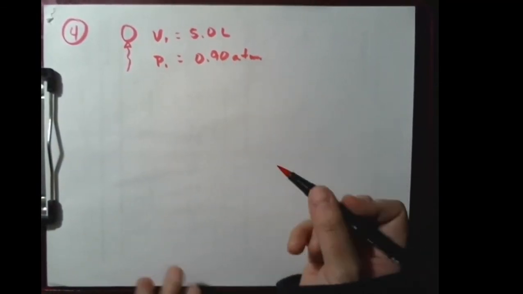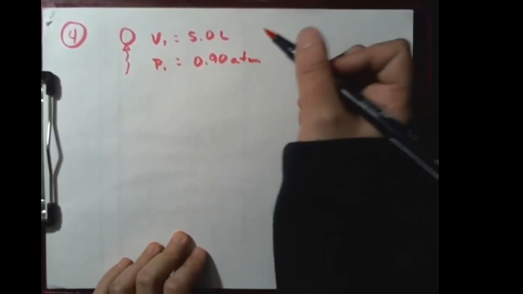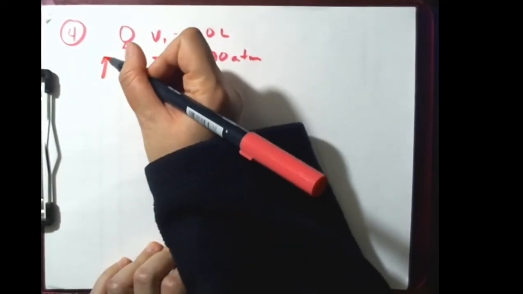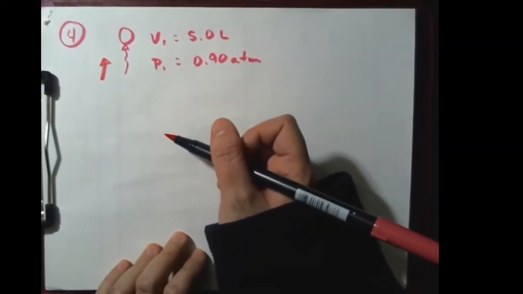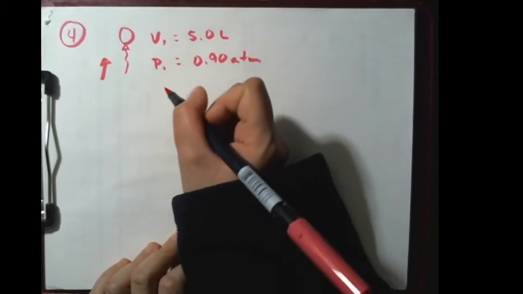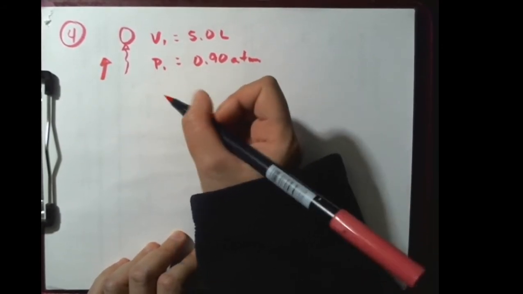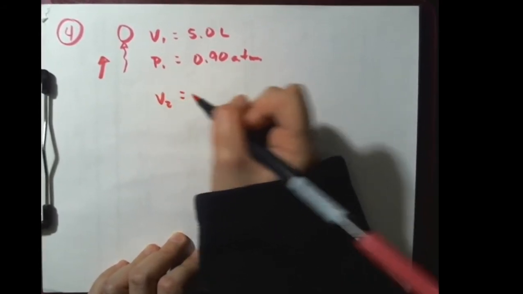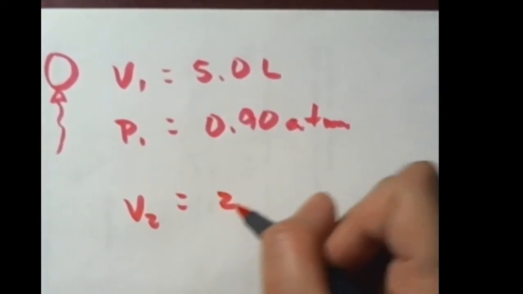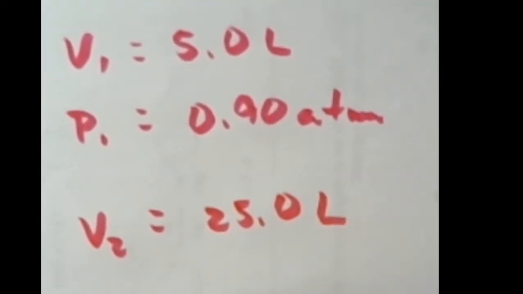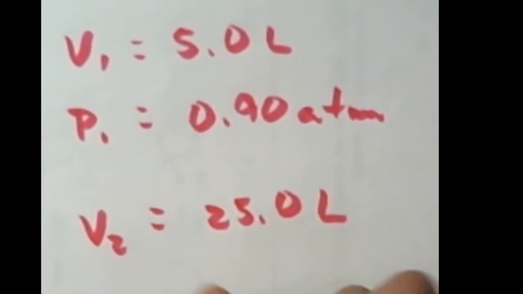It's pretty close. It rises, so this balloon goes up, and it rises to an altitude, that word altitude again, so to a final volume of 25 liters. Okay? Now the question is asking about the pressure now.